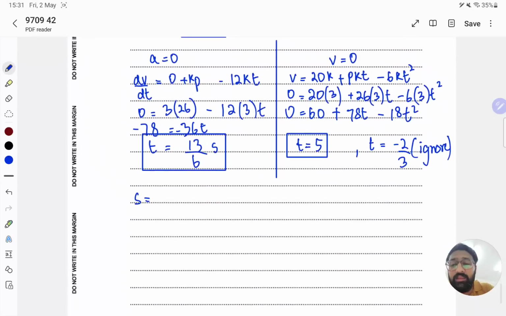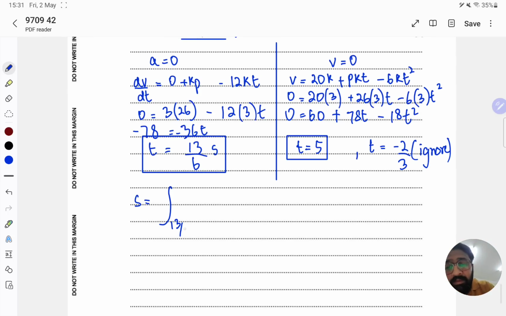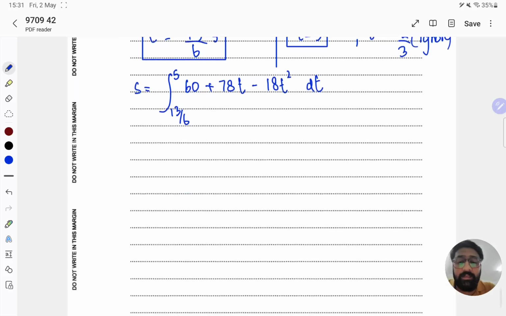It's the integration, and the limits are from 13 by 6, which is about 2.17, to 5. It is 60 plus 78 t minus 18 t square, dt.